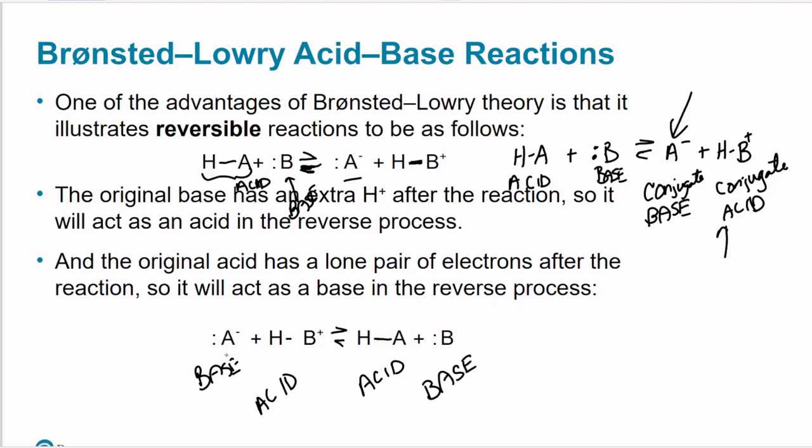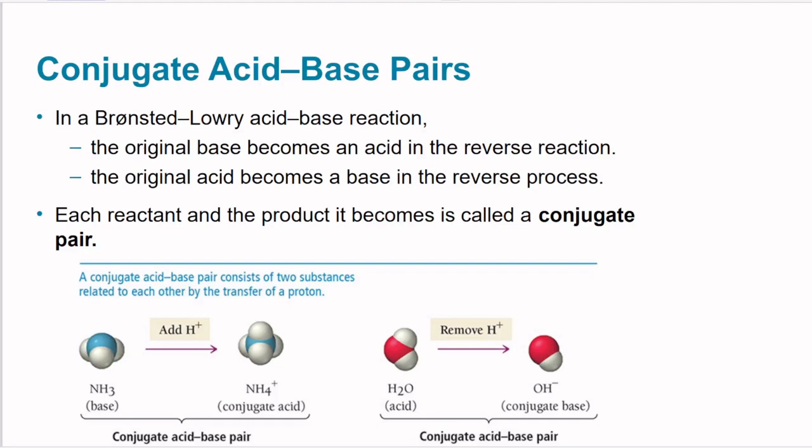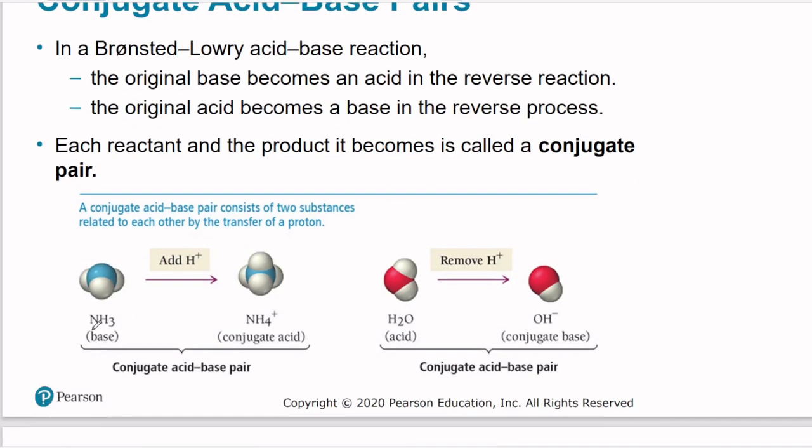So this would be the conjugate acid of our base, and this would be the conjugate base of our acid. So we define these as conjugate acid-base pairs. So we've got ammonia as our base, and NH4 plus, this is the conjugate acid of the base ammonia. And we've got water acting as an acid, and hydroxide is the conjugate base of this acid.